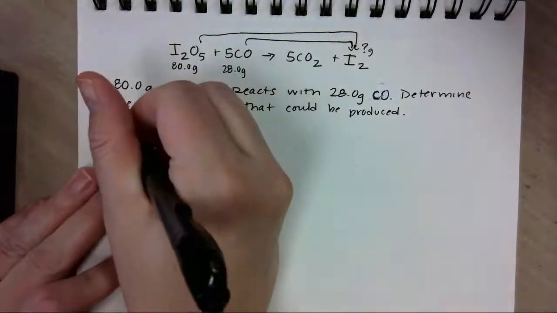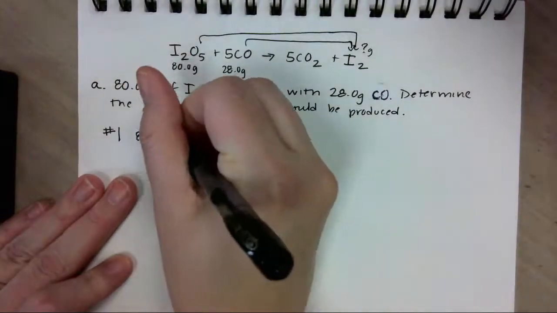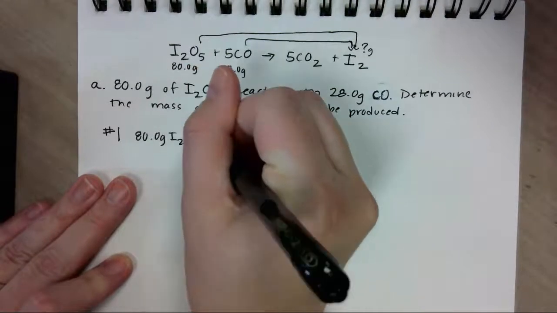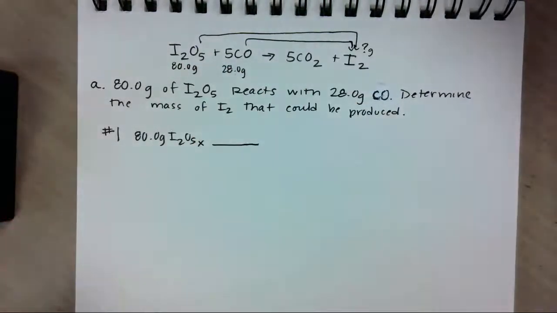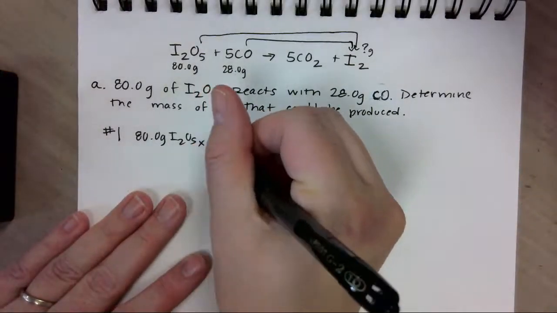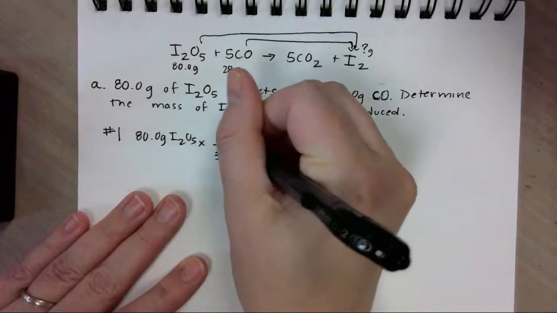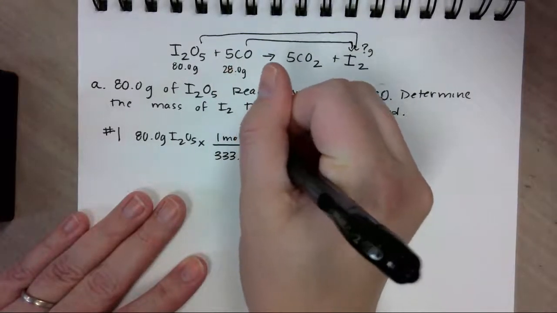So I'm going to start off my stoichiometry with my 80 grams of I2O5, and like we said before, in stoichiometry you're going to convert your starting information into moles. So if I add all of that stuff up, I get a molar mass of 333.8 grams for 1 mole of I2O5.